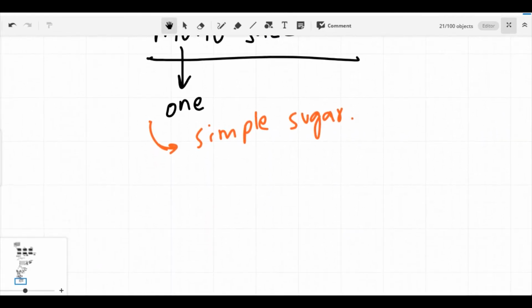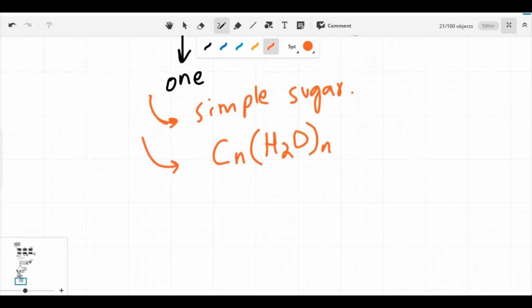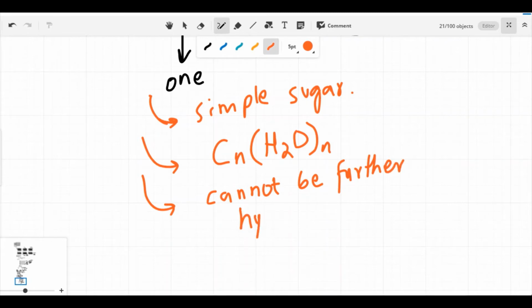You know the general formula of the monosaccharides should be CnH2nOn, because these are the hydrates of carbon, and they cannot be further hydrolyzed. Why?